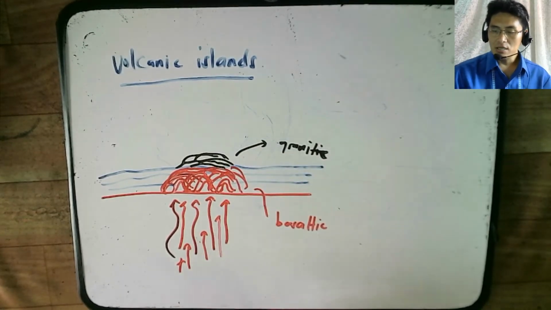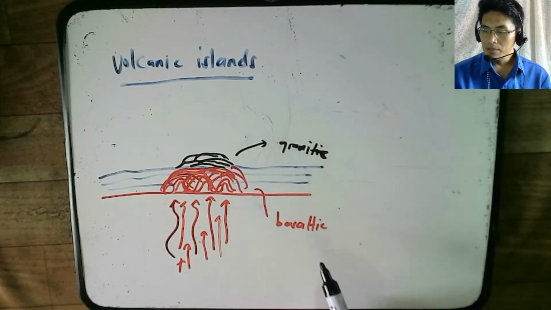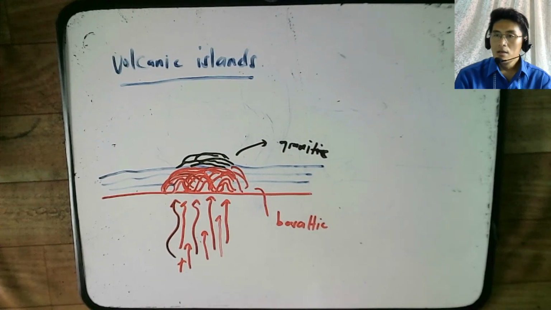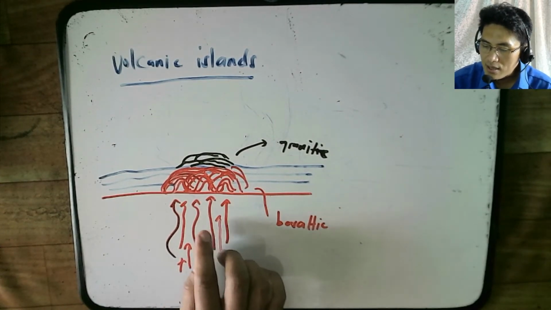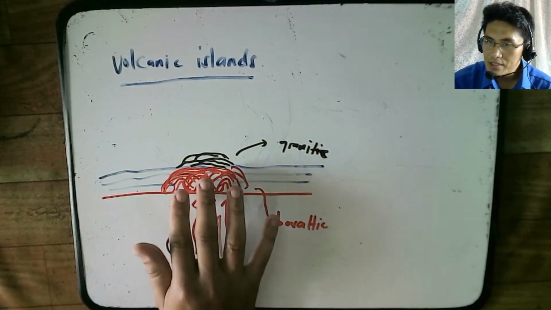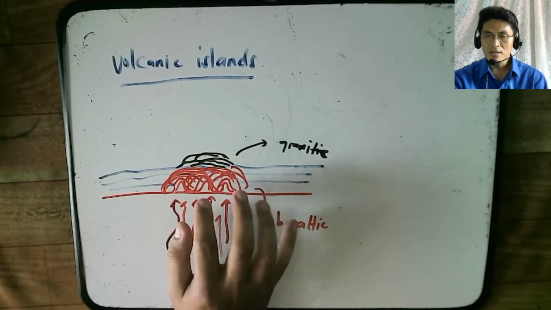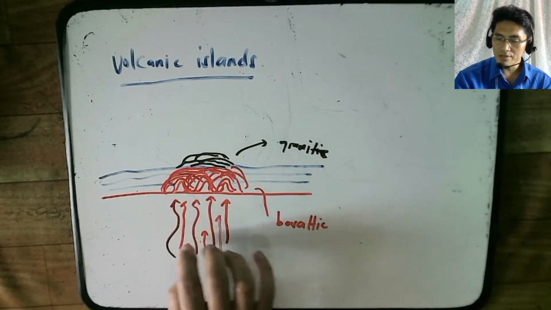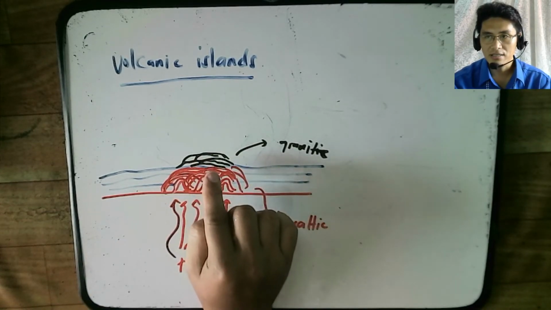So that's why in continents we have a layer of basaltic rock and granitic rock, but in the ocean floor we only have basaltic rock. But the point is, it starts as magma materials coming out. It might start out as underwater volcanoes, and then the underwater volcanoes become so active that they spew out more materials, you pile up materials, and then you form volcanic islands.